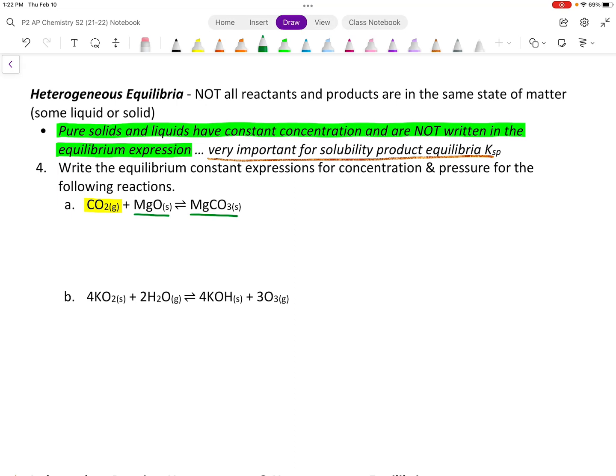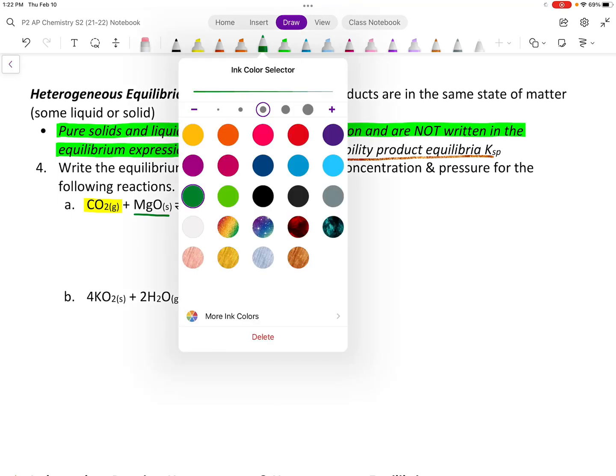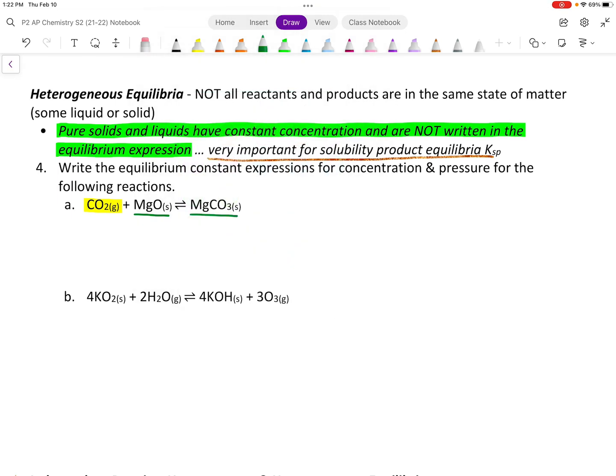And so what we do is we write this as Kc is equal to 1 over the concentration of carbon dioxide. That is the only one that's going to go into there, is going to be that carbon dioxide, because it's the only one that's in a form that's going to work.